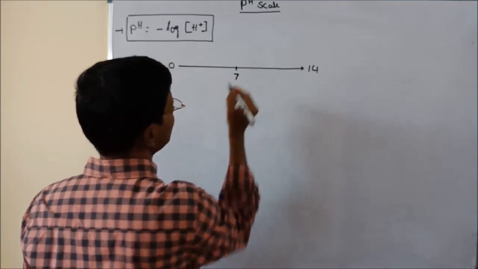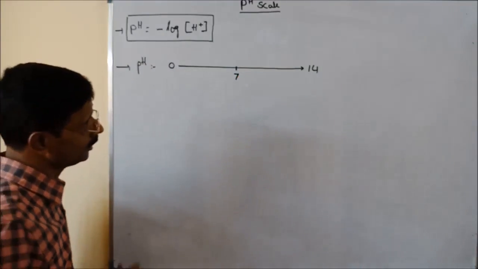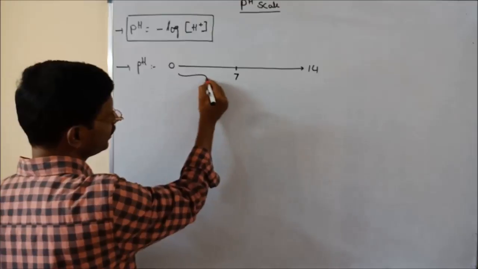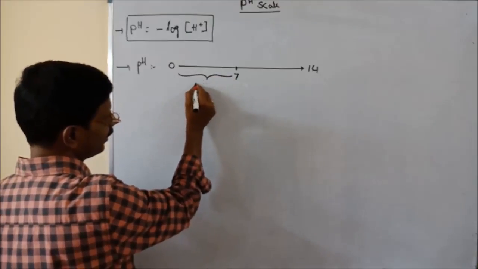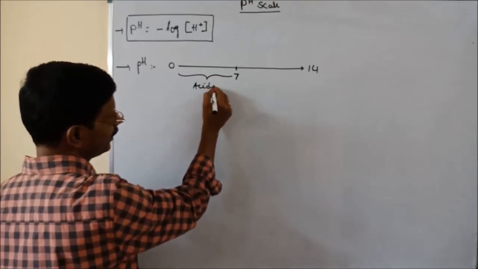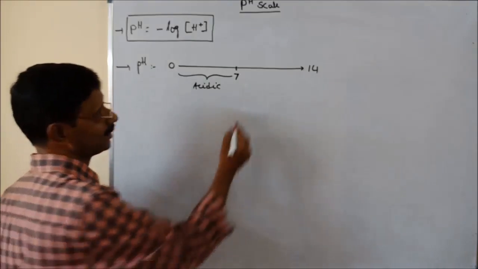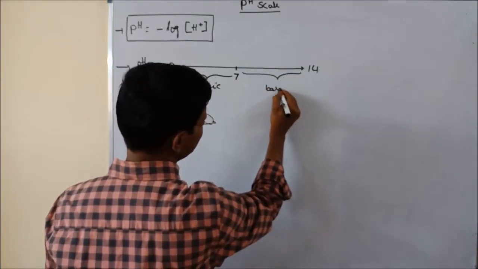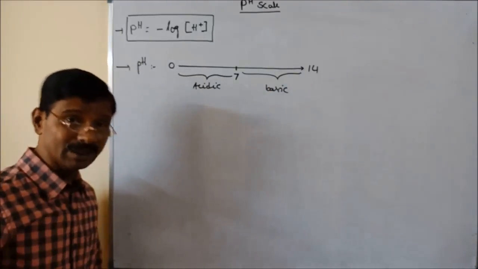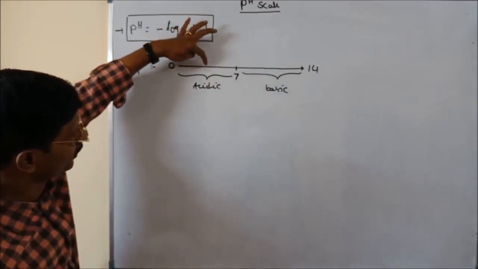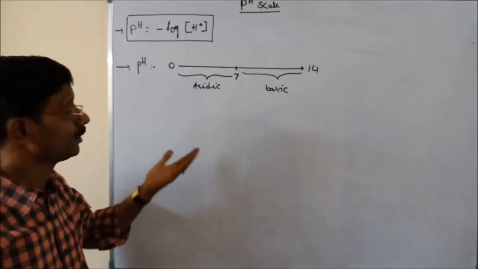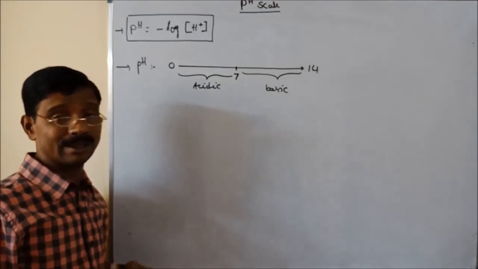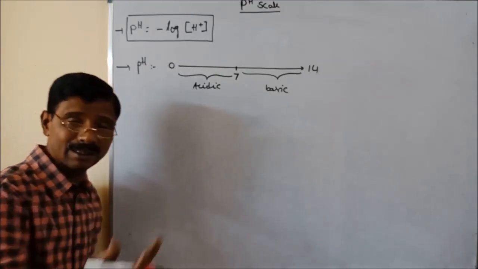pH is 7. So if pH is between 0 to 7, they are acids, means acidic solution, whereas if pH is between 7 to 14, that is basic. And if you observe the middle value, that is 3.5, up to 3.5 they are strong acids, and above that they are weak.